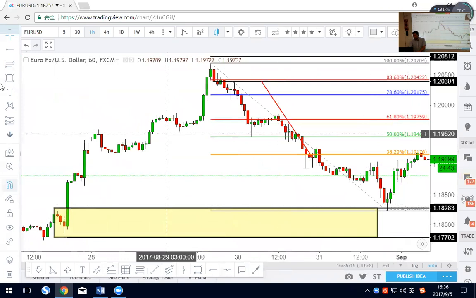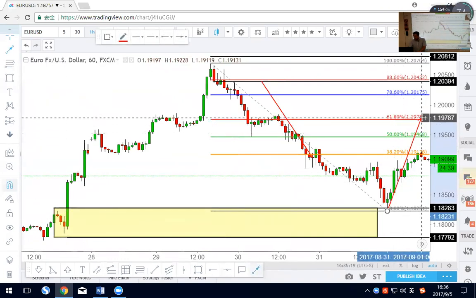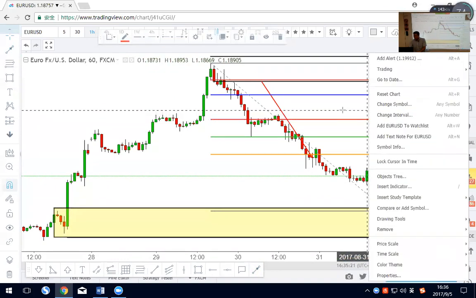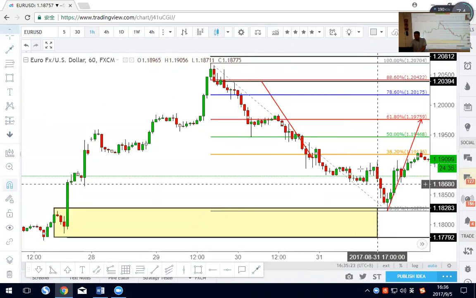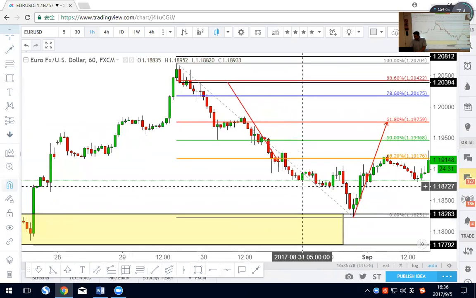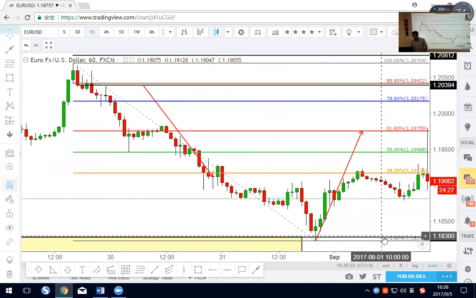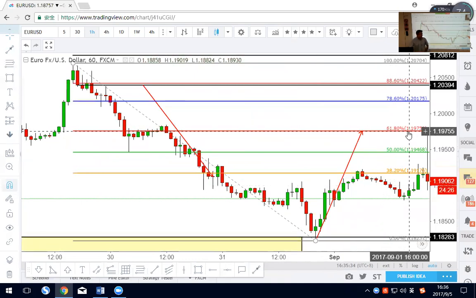So I can know the price before it really touches that, and I already set my profit taking point. So this move earned another, from 1.1828 to 1.1975. That is another 140 pips, correct?